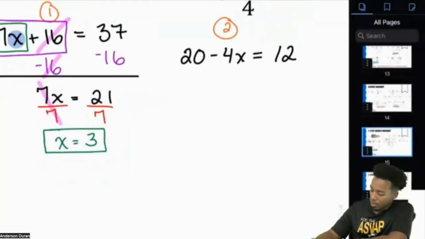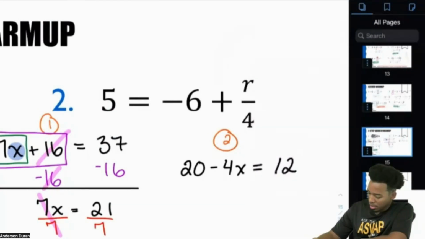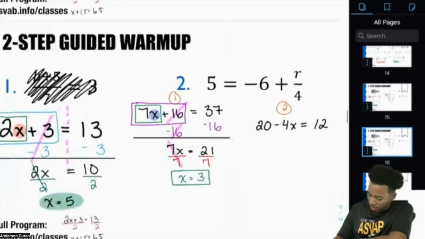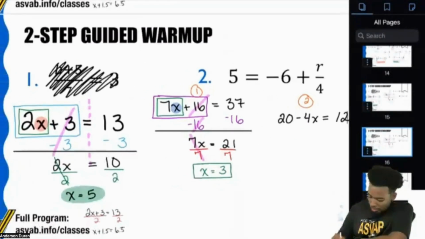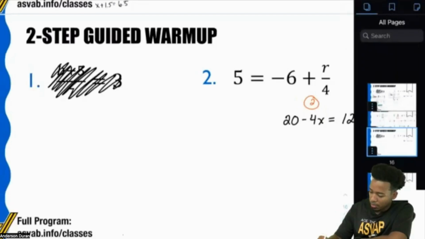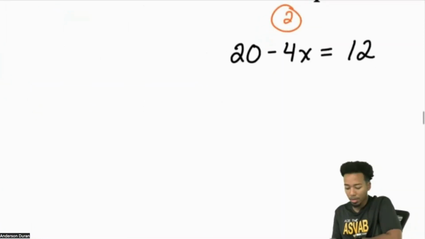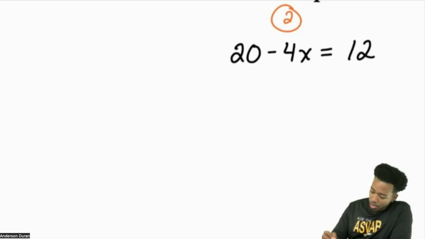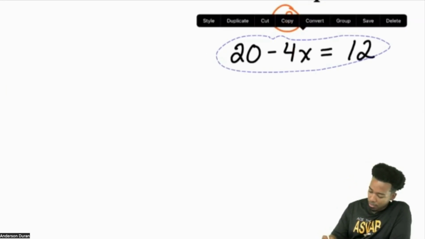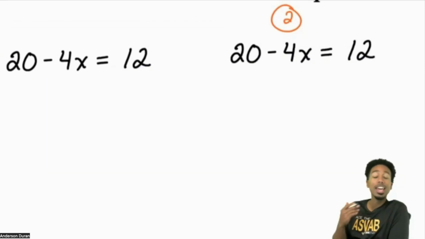So I'm going to copy this real quick and paste it again, and eliminate all of this work that we just did, because I really would love to show you how to do this problem in more than one way. A lot of the time people get confused by this and really get stuck. They think negatives are the end of the world, which they're not, but I want to show you how to handle this with grace.